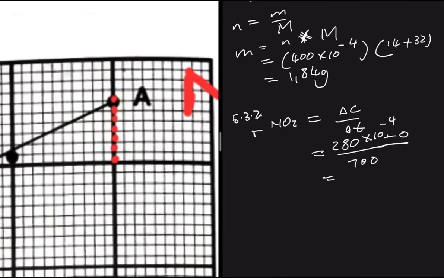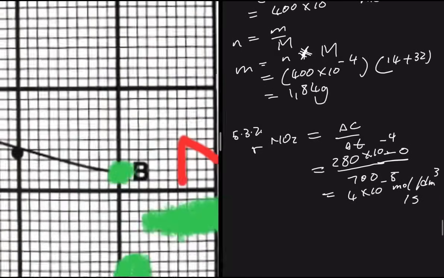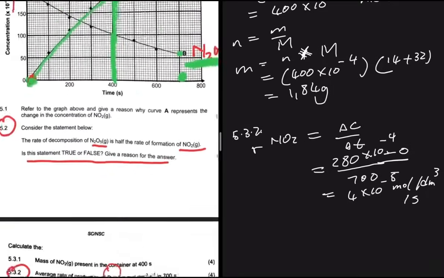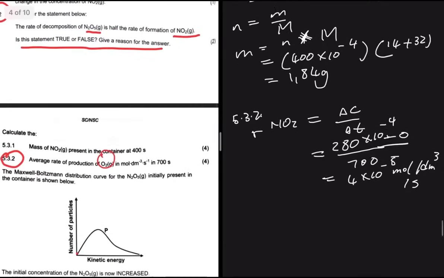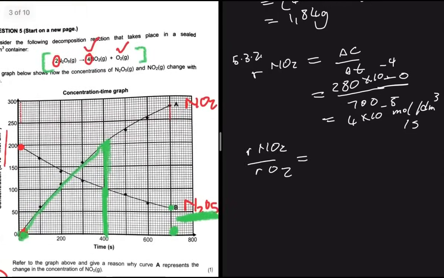And then let me just take this answer to scientific. If I do that, I'm getting 4 times 10 to the minus 5 moles per decimeter cube per second. So that is the rate of production of NO2. But what we're looking for is the average rate of production of O2. So we can say that the rate of NO2 divided by the rate of O2 is equal to the ratio of the balancing coefficients.